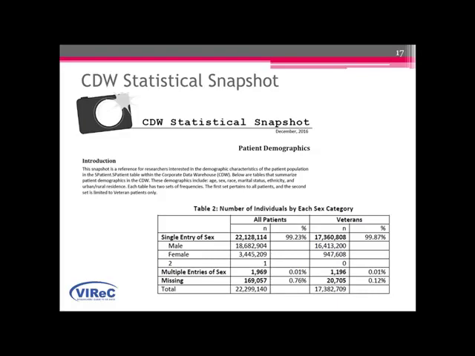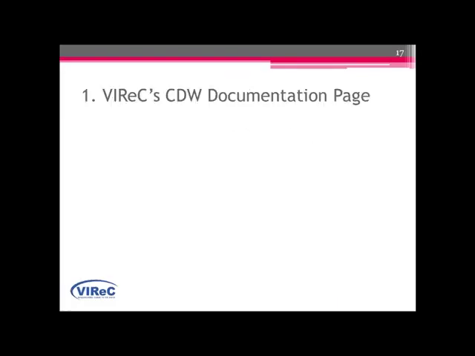There's only one of those, and then the multiple entries of sex that are inconsistent for a single patient, missing, etc. And then as you go across the table, you can see the sample size and the percentage for all patients and then for veterans only. And that's throughout for the selected set of demographics.